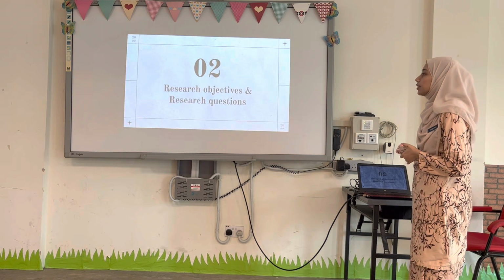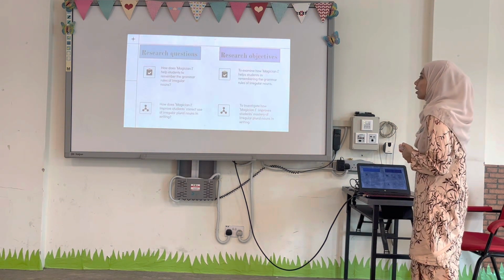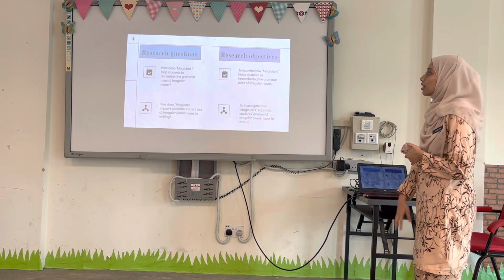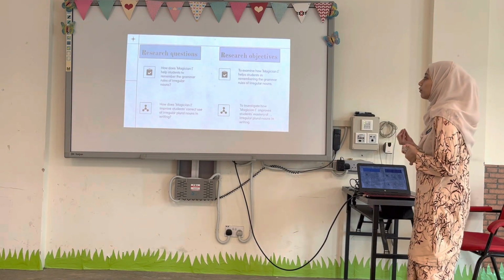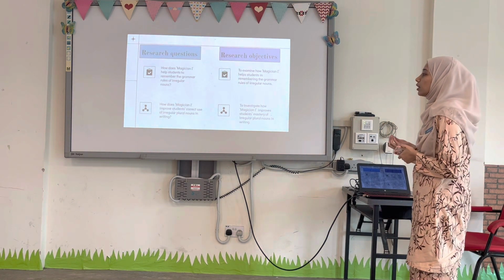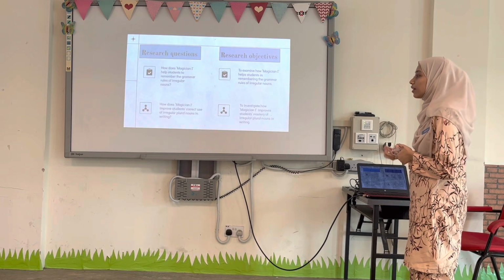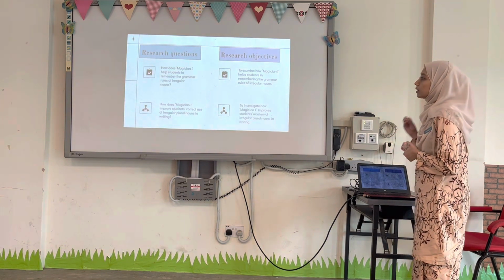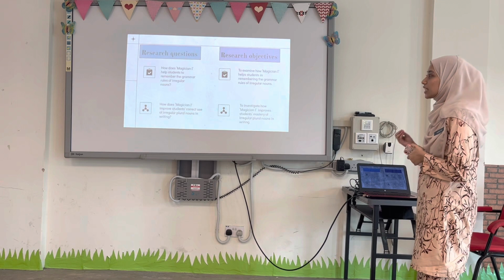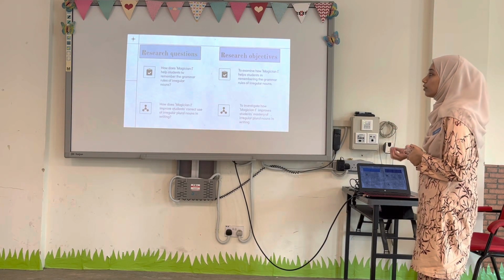Next one is the research objectives and research questions. There are 2 research questions and objectives, and both of them are focusing on remembering the grammar rules and improving students' correct use of irregular plural nouns in writing. The first question is how does Magician I help students to remember the grammar rules of irregular nouns.